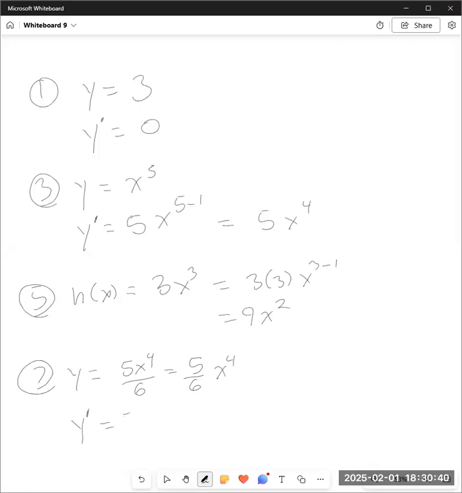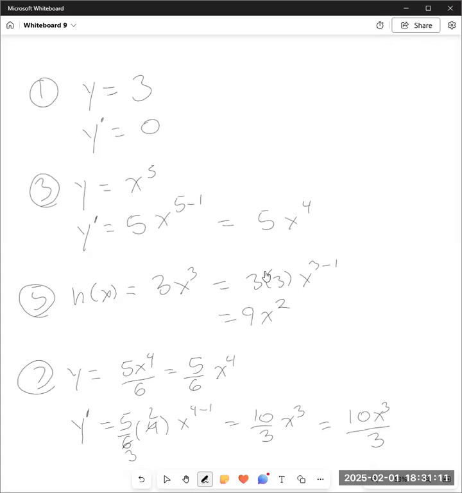So y prime is going to be 5/6 times 4x to the 4 minus 1. 4 and 6 have a common factor of 2. 5 times 2 is 10. Denominator here is 3. X to the 4 minus 1 is 3. If I want to write that back how it started off, it's 10x to the 3rd over 3.